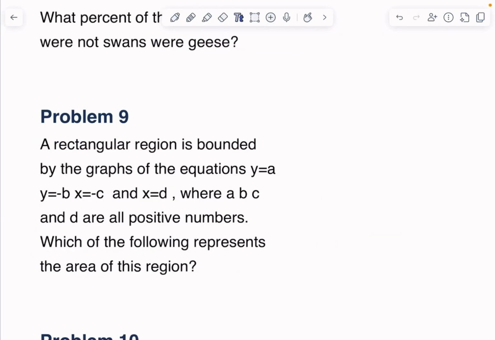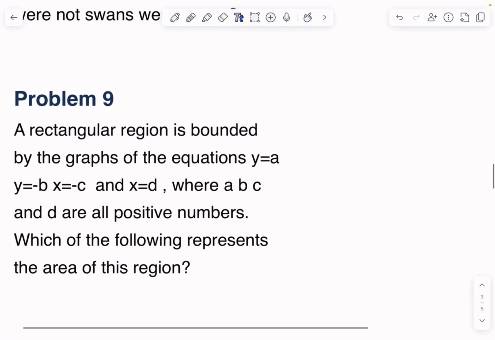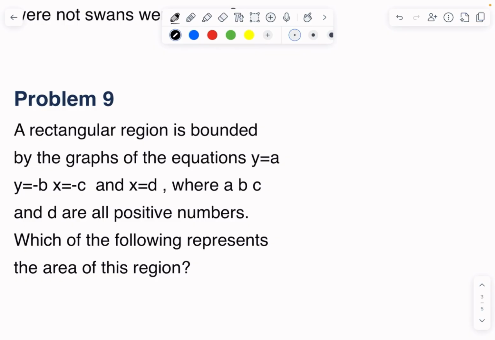Problem 9. A rectangular region is bounded by the graphs of the equations y = a, y = -b, x = -c, and x = d, where a, b, c, and d are all positive numbers. Which of the following represents the area of this region? So let's draw the x-axis and y-axis first. This is the origin in the middle here.